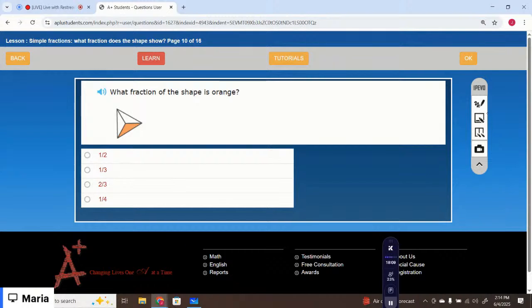Very good. That is one out of four, option B is the correct option.